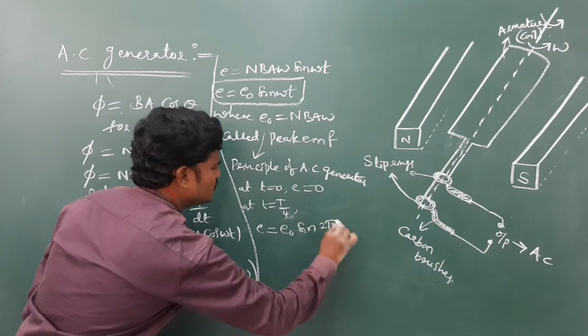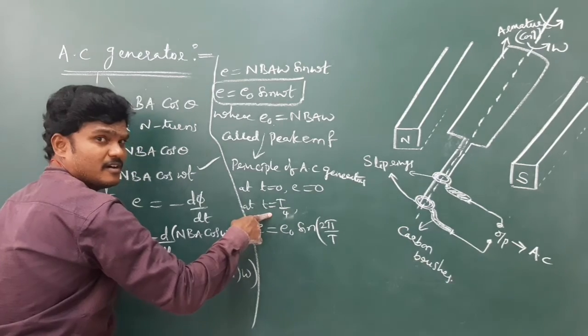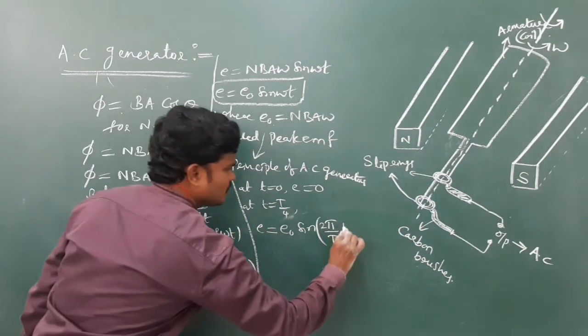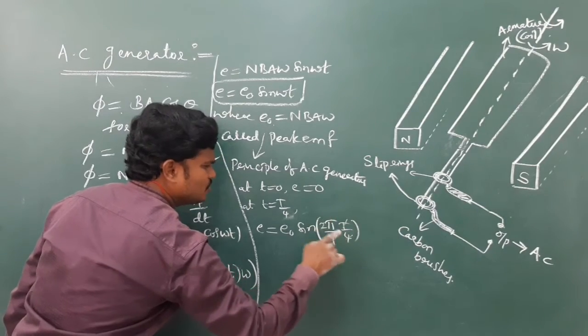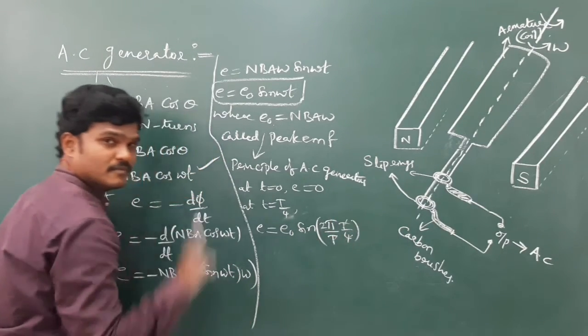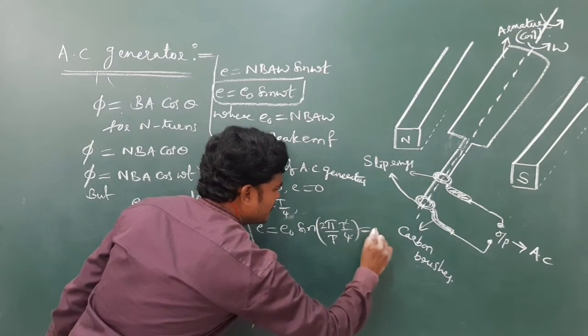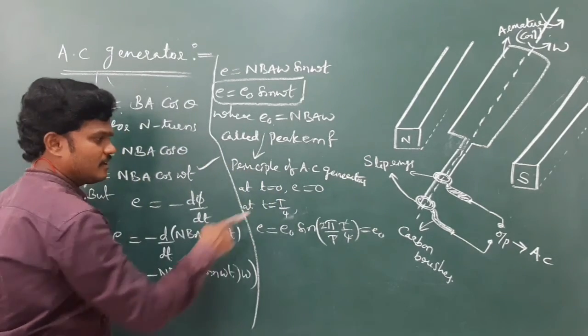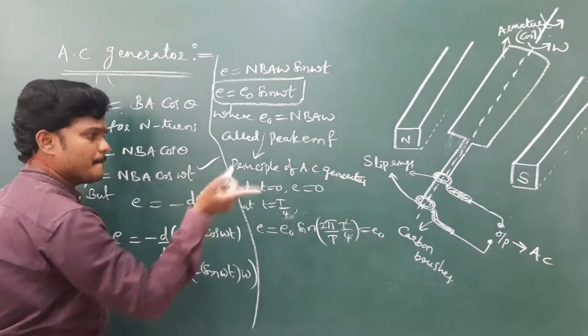What is omega? 2 pi by T, into small t, which is T by 4. The T cancels, leaving sine pi by 2. Sine pi by 2 is 1. So after T by 4 time, the EMF becomes maximum.